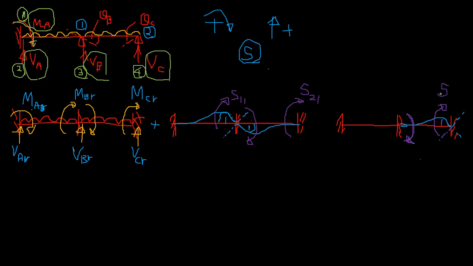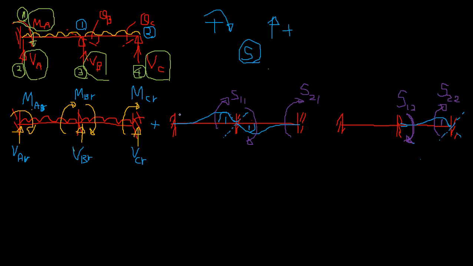Here the moment induced per unit rotation is S2,2, the induced moment at the second coordinate due to the unit displacement at the second coordinate. Here there will be induced bending moment S1,2, but since this support is not rotated, no induced bending moment will be in this spot.